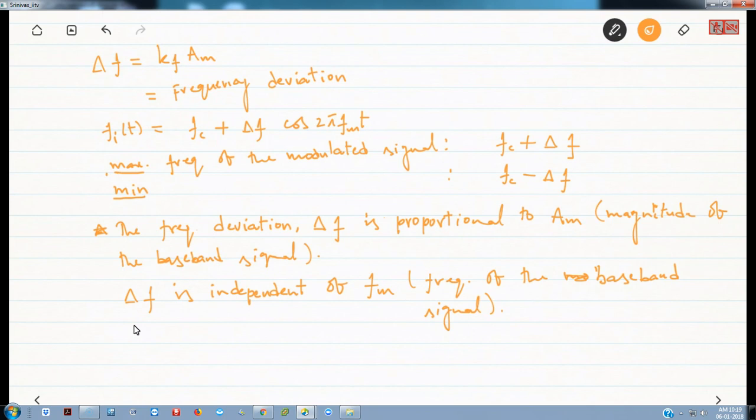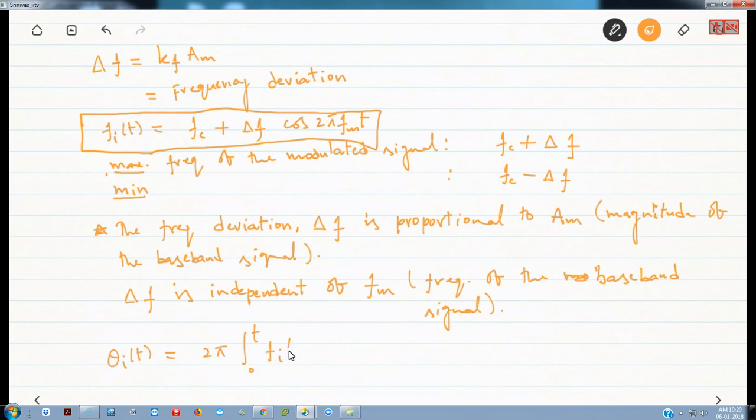Right. So now we have this Fi of t. Then how do you get theta i of t? Theta i of t is 2 pi times the integral from 0 to t of Fi of t dt.